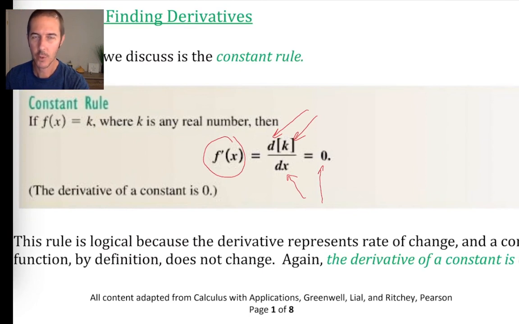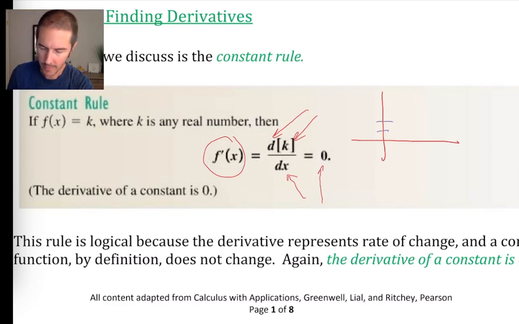I'm not going to answer the question why very frequently, but in this case, let's say that your original function was f of x equals 2. Let's draw a graph of that function. There it is, f of x equals 2. What would you say is the slope of this line right here?